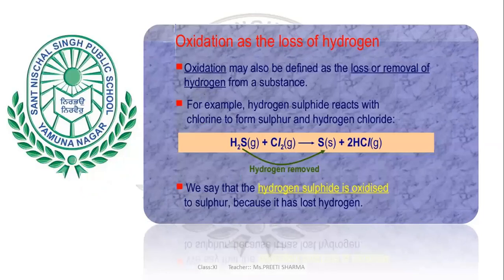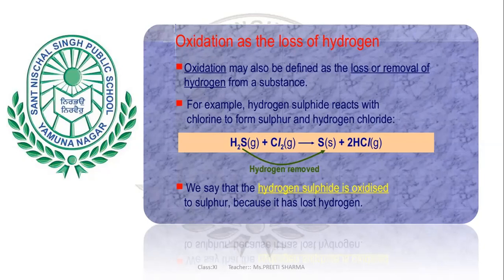Next, oxidation as a loss of hydrogen. Oxidation may be defined as the loss or removal of hydrogen from a substance. For example, hydrogen sulfide reacts with chlorine to form sulfur and hydrogen chloride. You can see here in the reactant we have hydrogen sulfide, but hydrogen is being removed and the products are sulfur and hydrogen chloride.